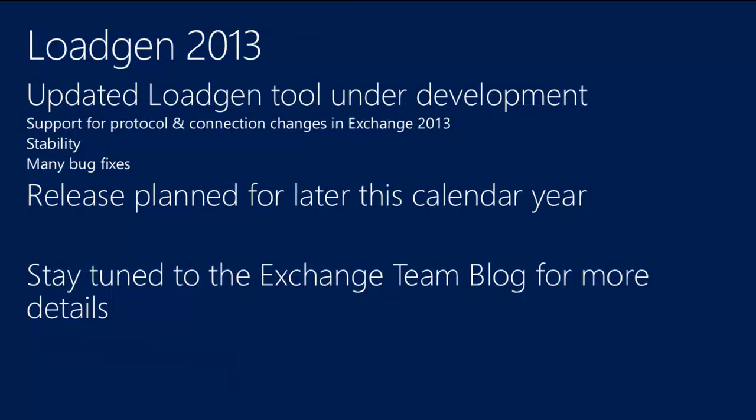There are a number of stability fixes and many bug fixes in the tool, so hopefully it's easier to use and more reliable if you need to use LoadGen to validate user workload in a test lab. We'll be announcing the availability of this on the Exchange Team blog, hopefully in the very near future.